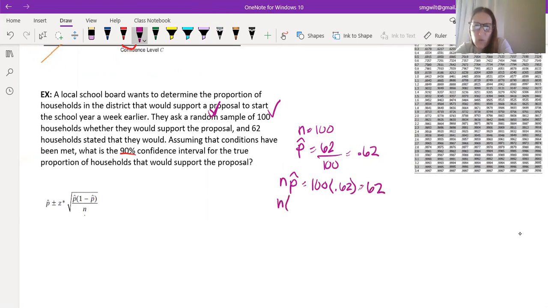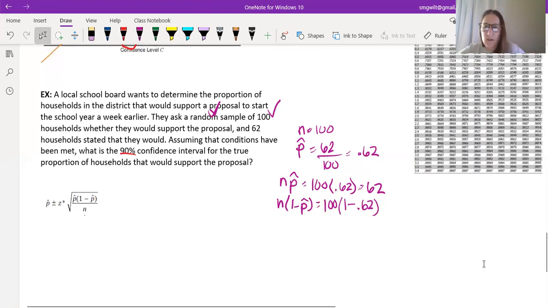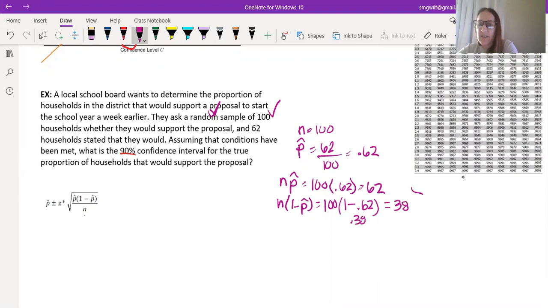And then n times 1 minus p hat is 100 times 1 minus 0.62, which is 0.38. So 100 times 0.38 is 38. Both of these are greater than or equal to 10. So that means that that condition is met.